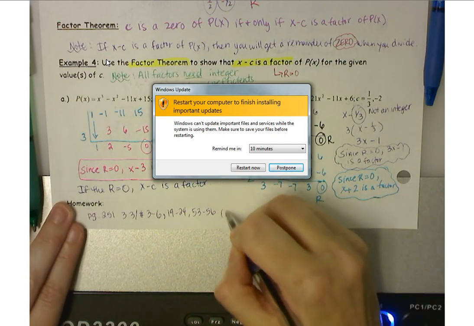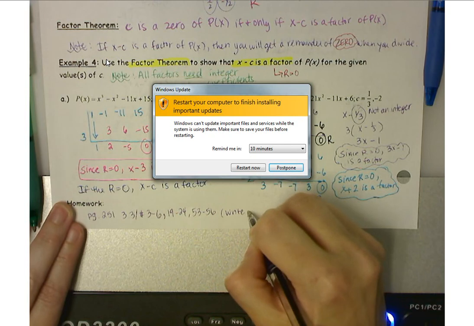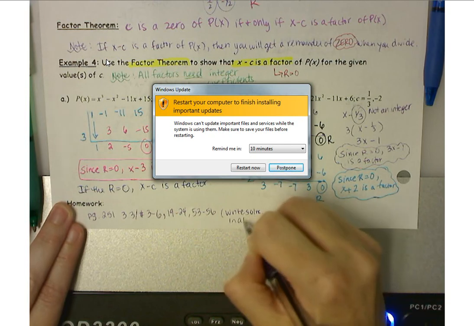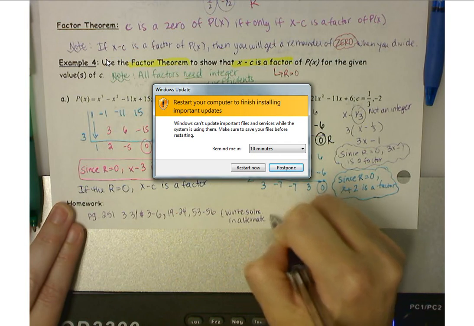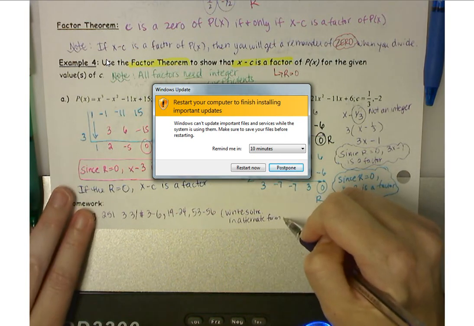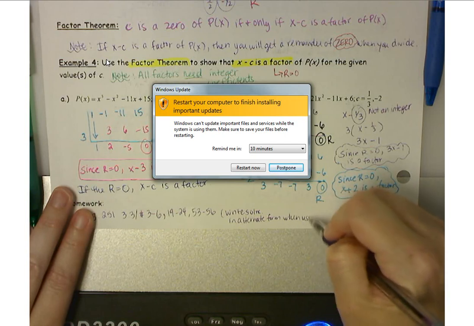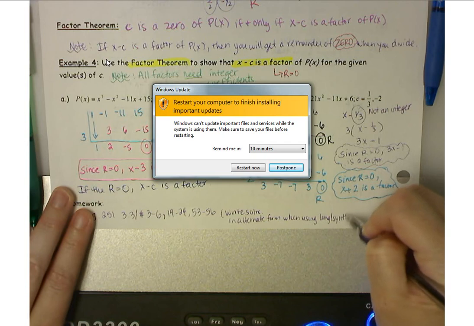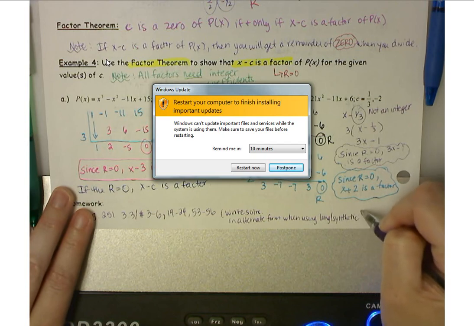And then I just said to write solutions in alternate form when you're using long or synthetic division.